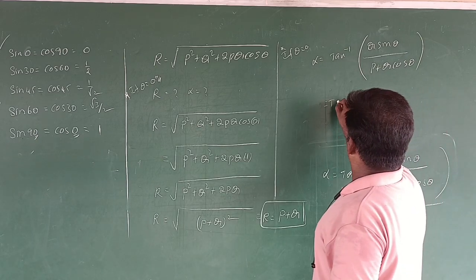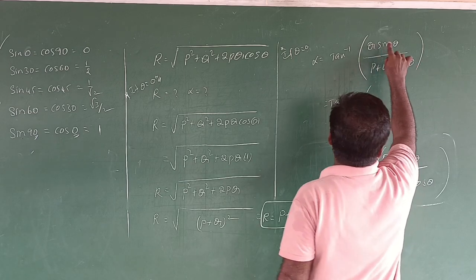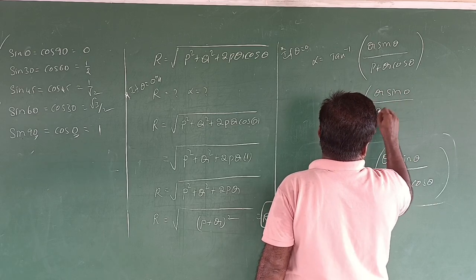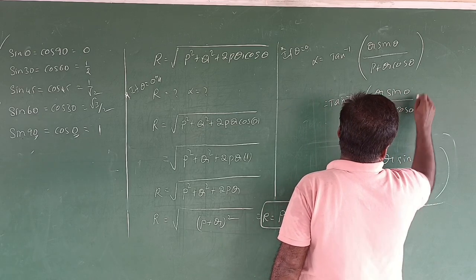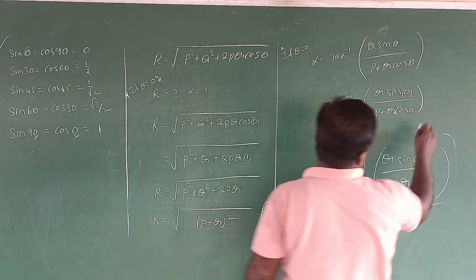Now, tan inverse, this is q sin 0 by p plus q cos 0. Then what happened here?